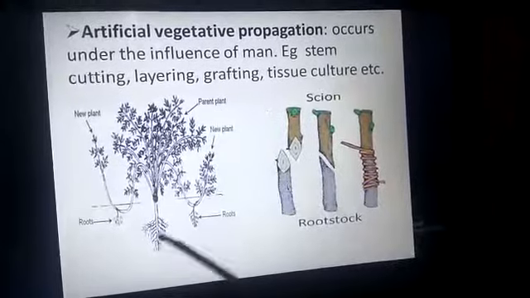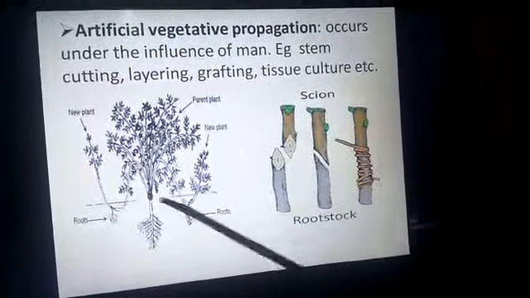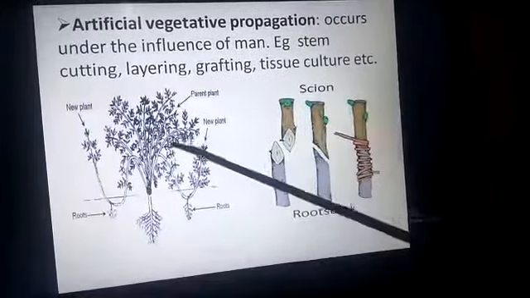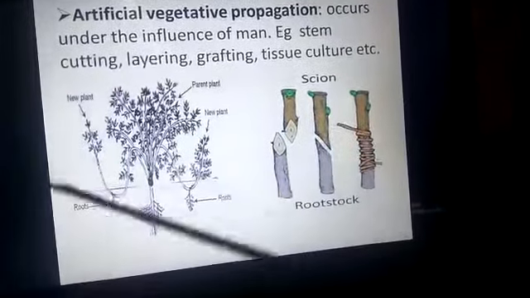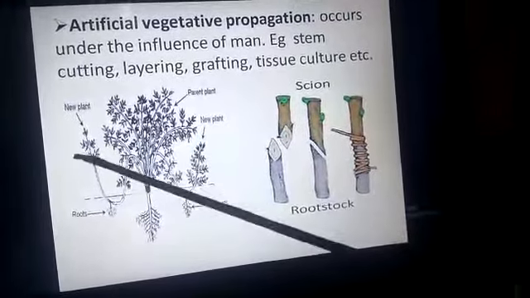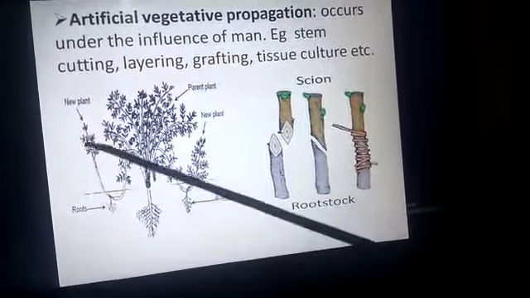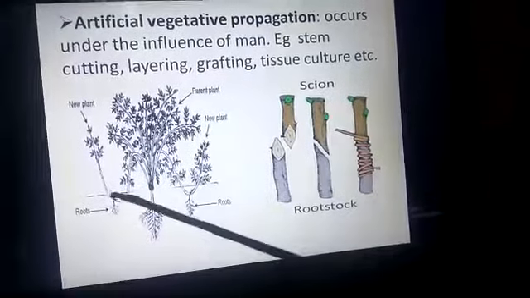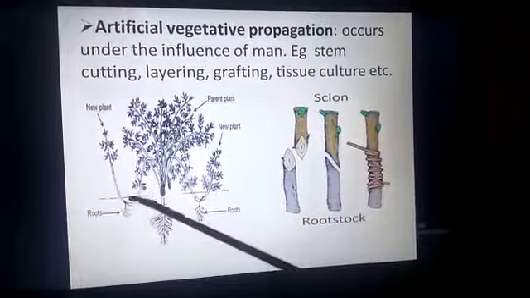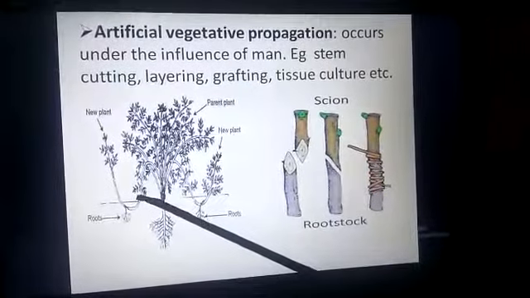So this is the picture of layering. Layering. This is a jasmine plant. How do jasmine plants multiply? You can see this is the branch. The branch is pulled down into the soil, and some part of the stem is covered with soil or mud.